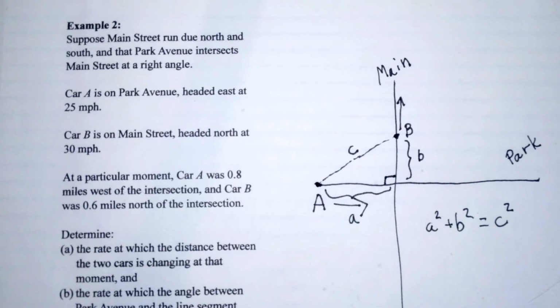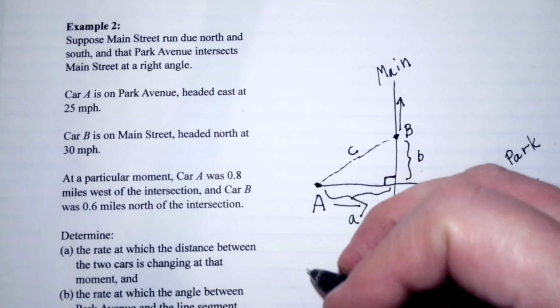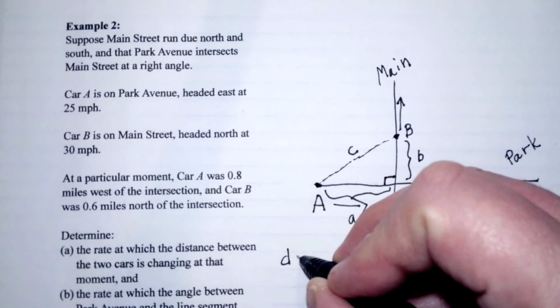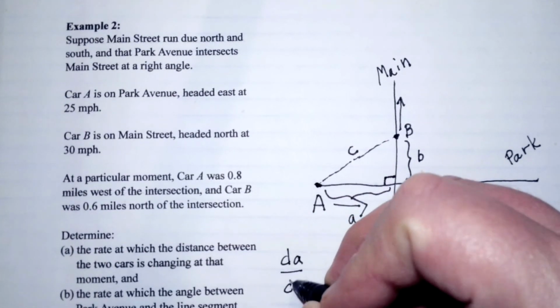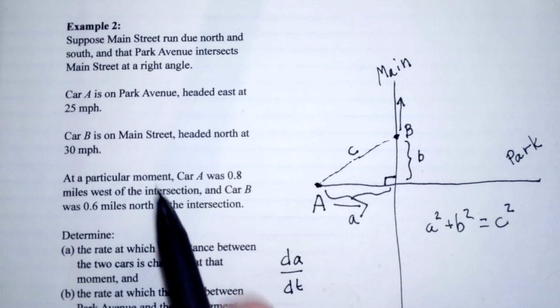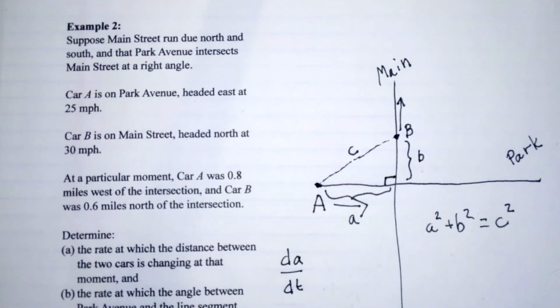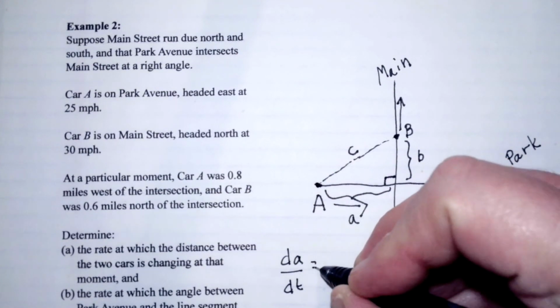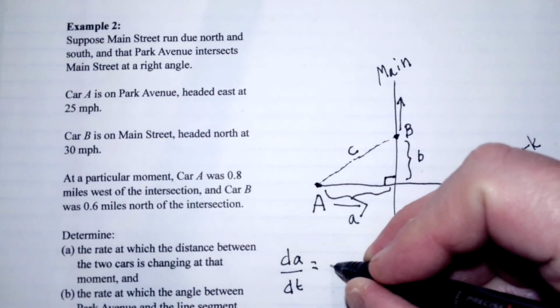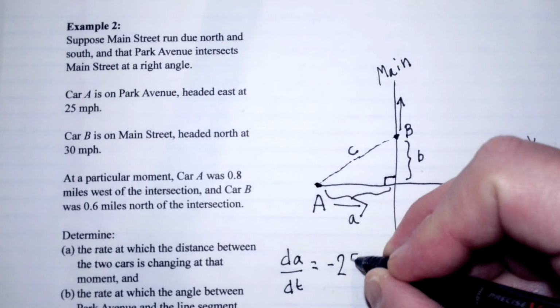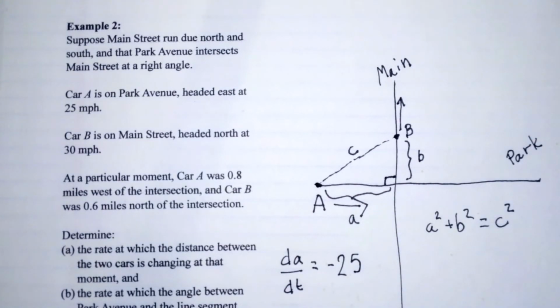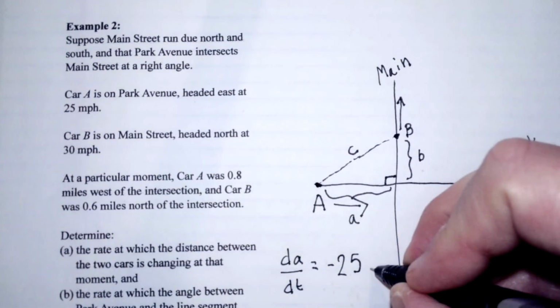And what else do we know? Well, we know that A is changing. Car A is headed east at 25 miles per hour. However, the distance A is shrinking. So that means that dA/dt is going to be negative 25 miles per hour.